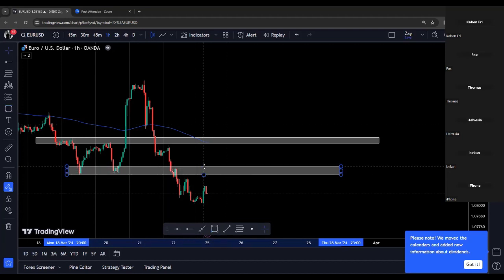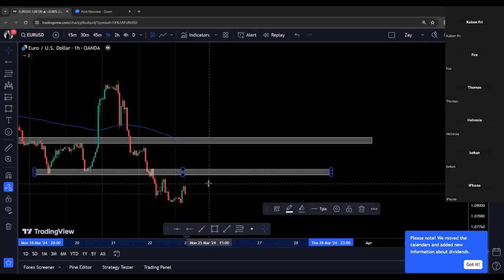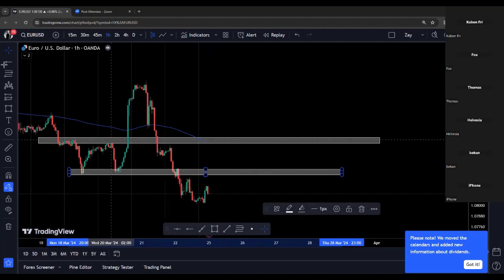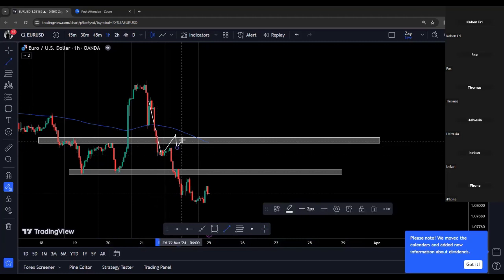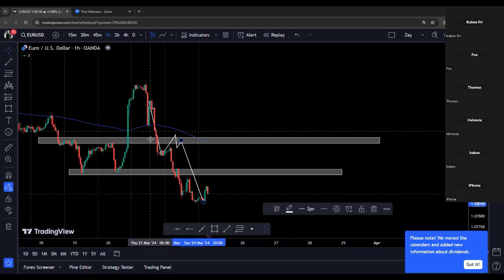I know this is not accurate, I'm just making something up. Say it hit here, came down, hit here, and then shot all the way down to here. That's a fake market. In this case, we're waiting on the breakout and the retest to take the trade and continue going down to this next zone.